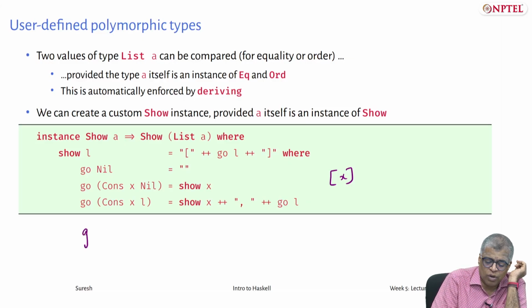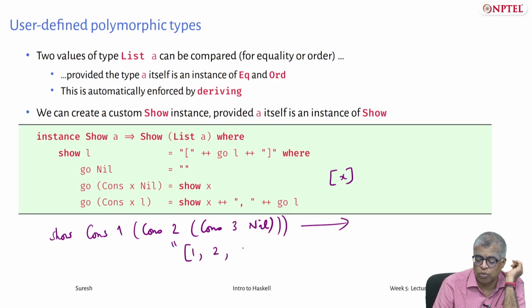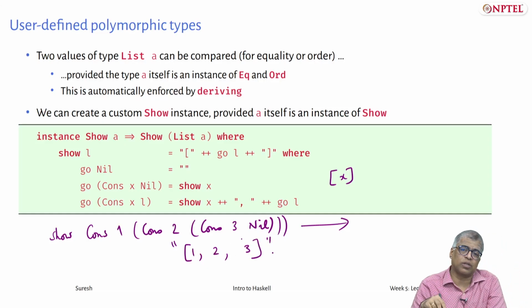So if I have show of cons 1, cons 2, cons 3 nil, I should get the string 1 comma space 2 comma space 3, okay. So I will get something like this.